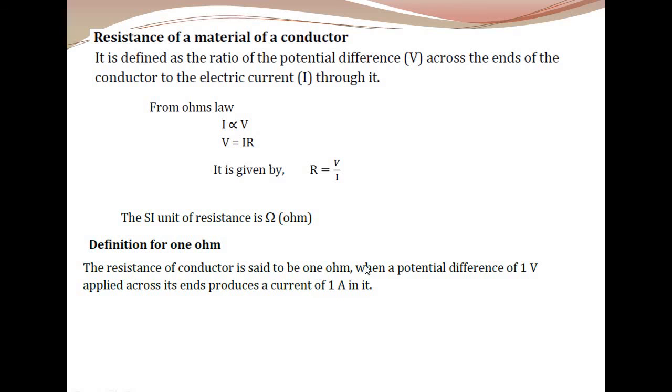That is what we call 1 ohm. So the ohm is the unit of resistance: when a potential difference of 1 volt is applied, it produces 1 ampere of current.